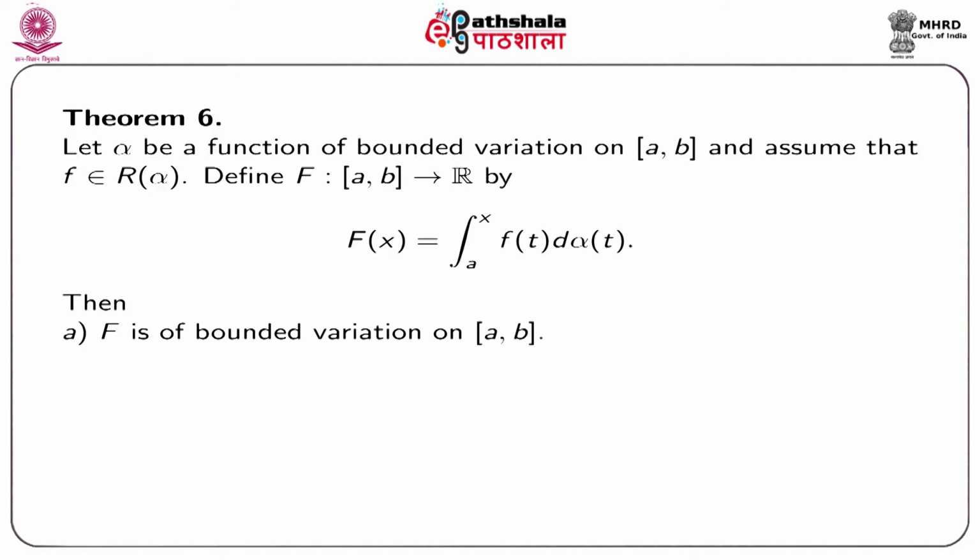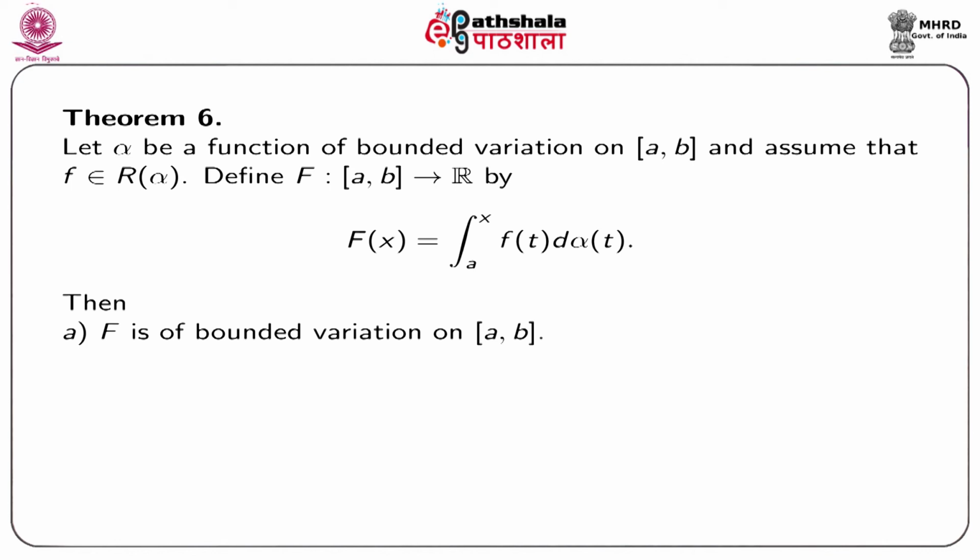We can also prove the existence of antiderivative here. Let alpha be a function of bounded variation on closed interval [a, b] and assume that f is Riemann-Stieltjes integrable with respect to the integrator alpha.